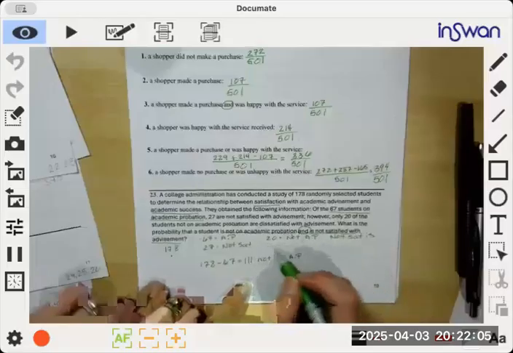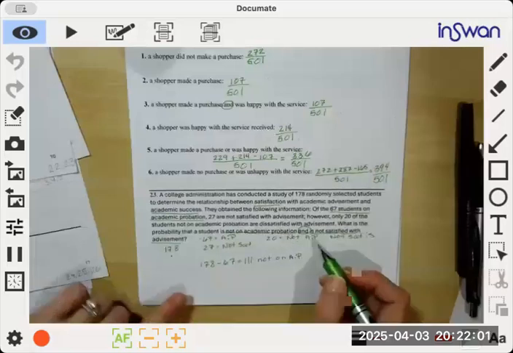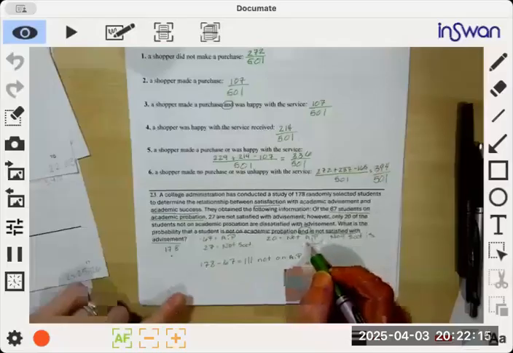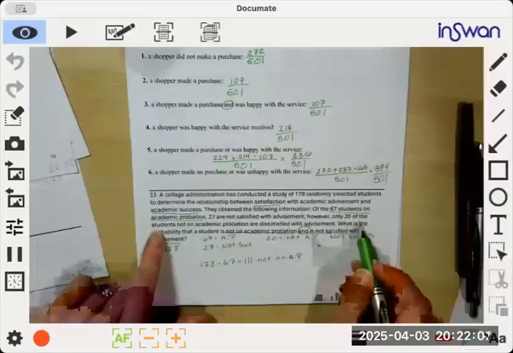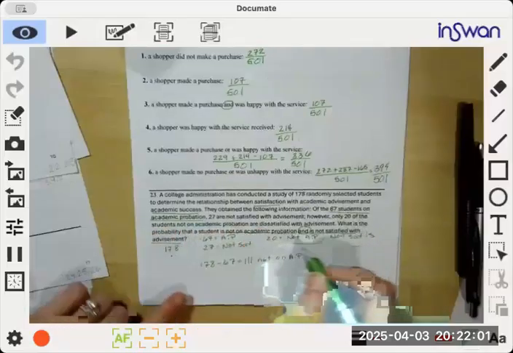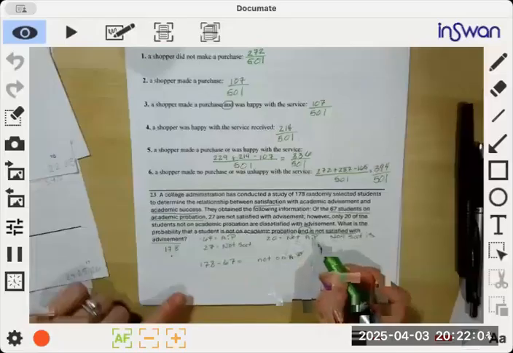And we know 20 of the students are not on academic probation and dissatisfied.